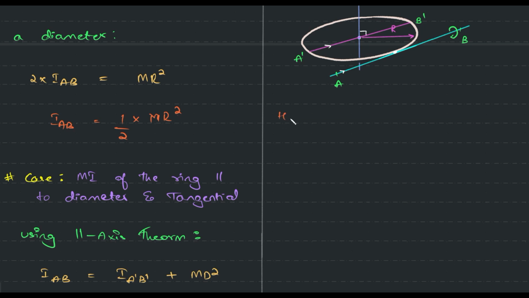Here the distance that the axis has moved is r, and we have half of mr square plus mass m times r square. So this is 3 by 2 mr square.